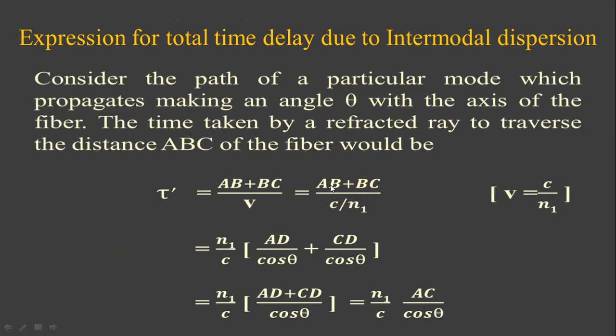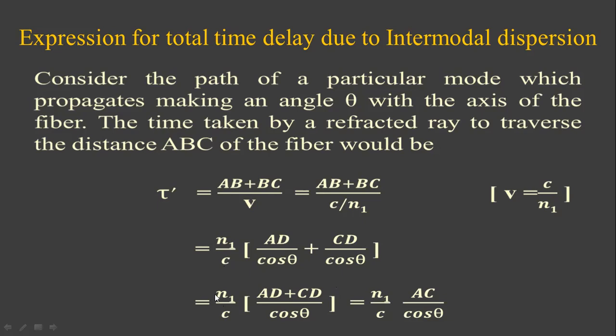Its projection on the optical fiber axis is AD, so AB is AD by cos theta. Plus BC, which is also the second half of the path traversed by the light in one pulse, and its projection on the axis is CD by cos theta. By the diagram, it is very clear.